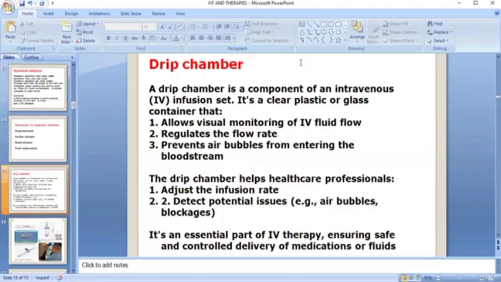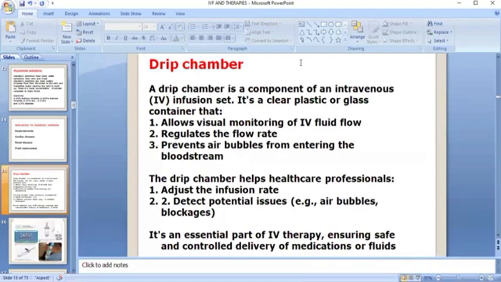As a healthcare professional, the drip chamber will also help you to adjust the infusion rate, because if you see it dropping very fast, it is transparent, so you'll know the number of drops that enter in a minute, and you'll be able to adjust it.